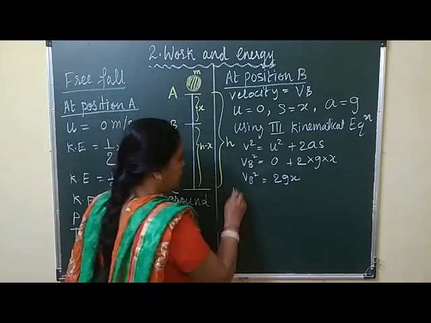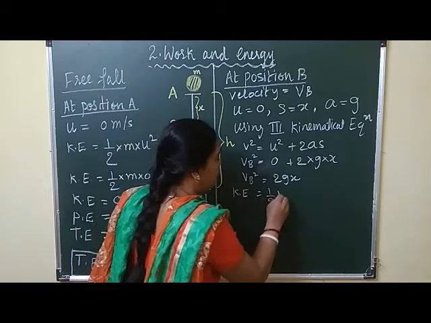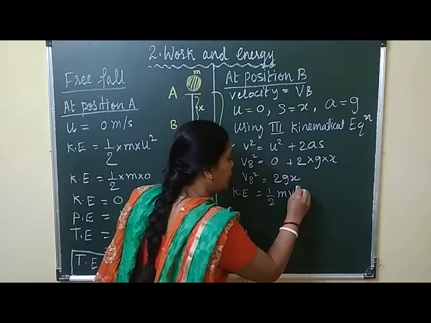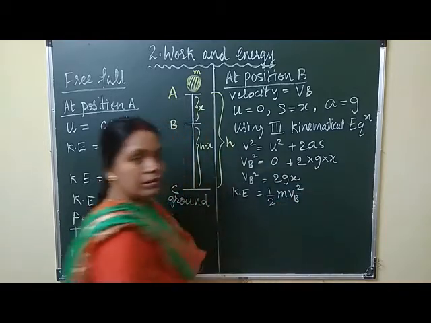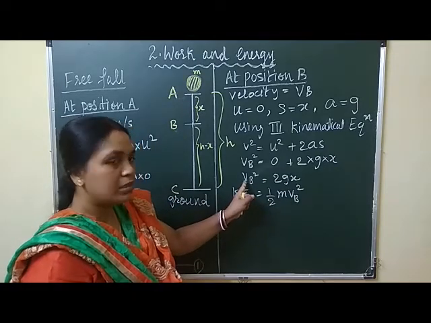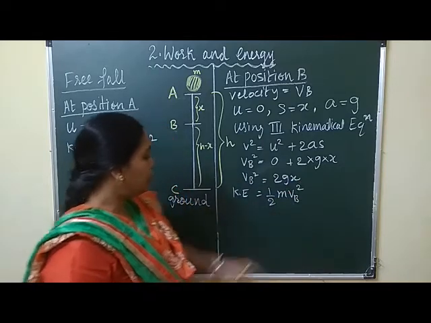But kinetic energy at position B is half m vB square. We have got the value for velocity at position B, 2gx, so we can substitute.